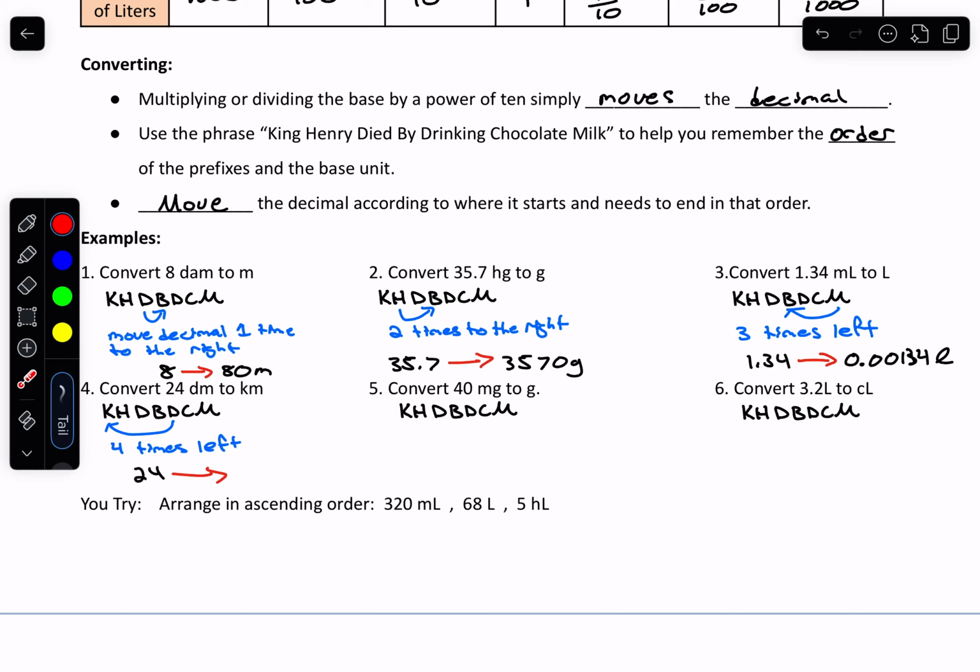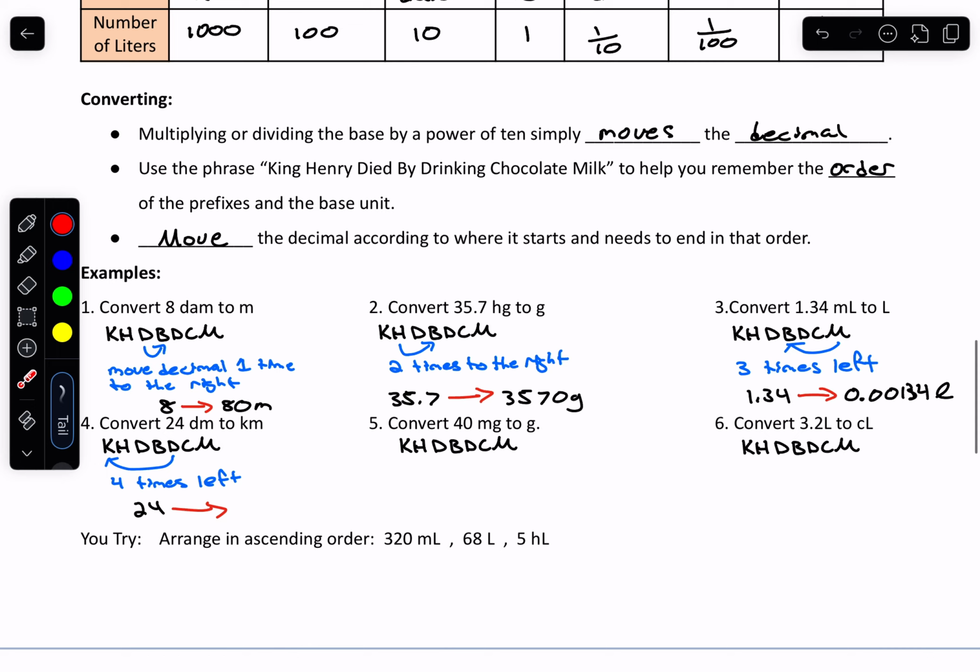If I move that decimal 4 times to the left, well, right now the decimal is next to the 4. So once, twice, 3 times, 4 times, I'm going to have to put 2 zeros in front of that 24. So this is equivalent to 0.0024 kilometers.